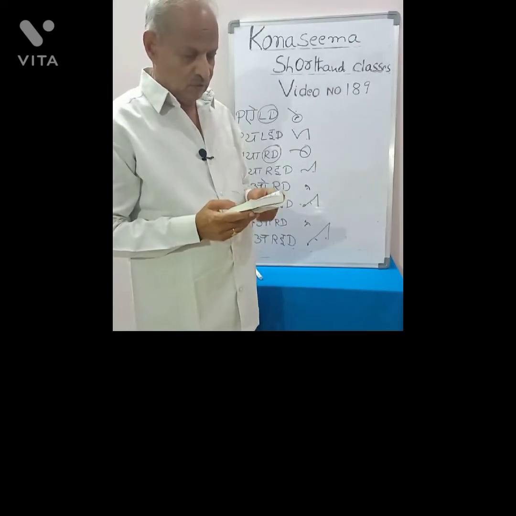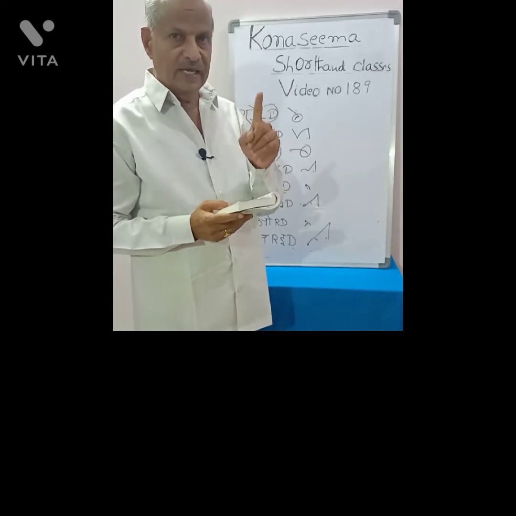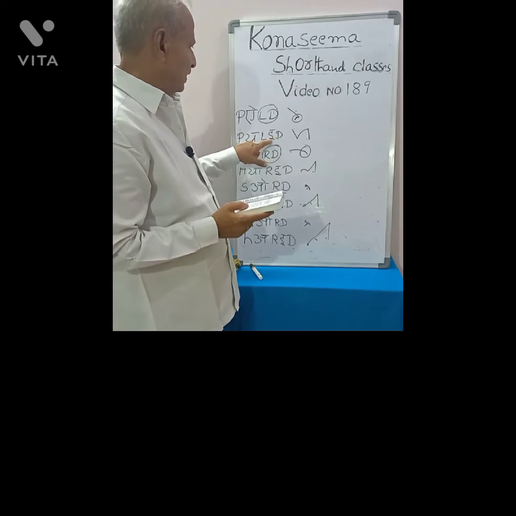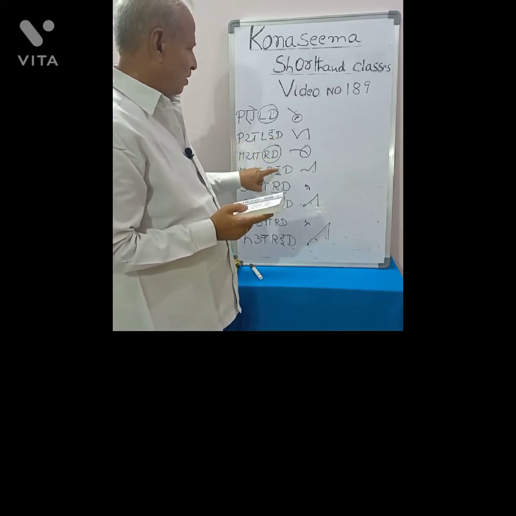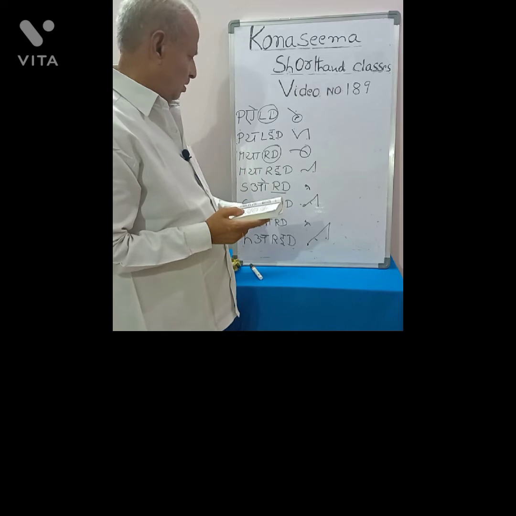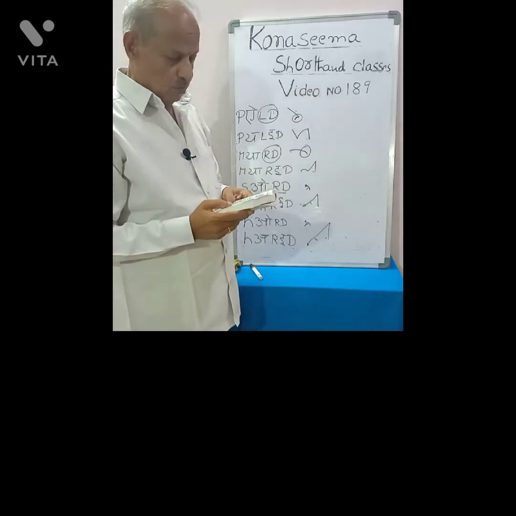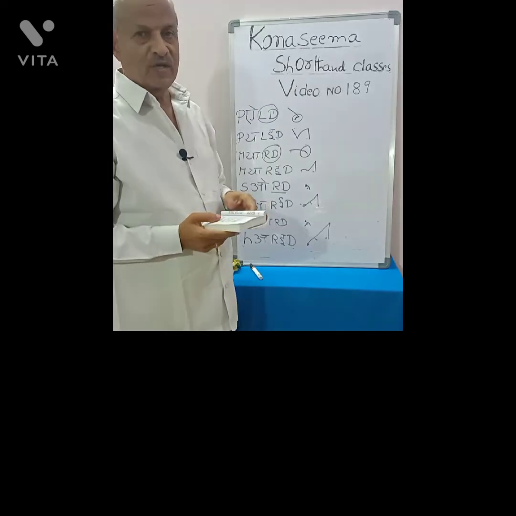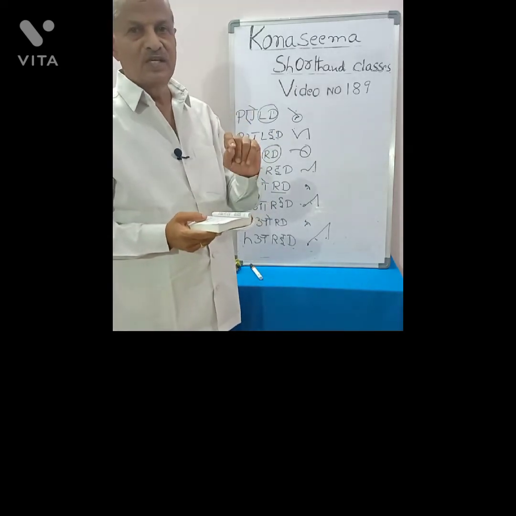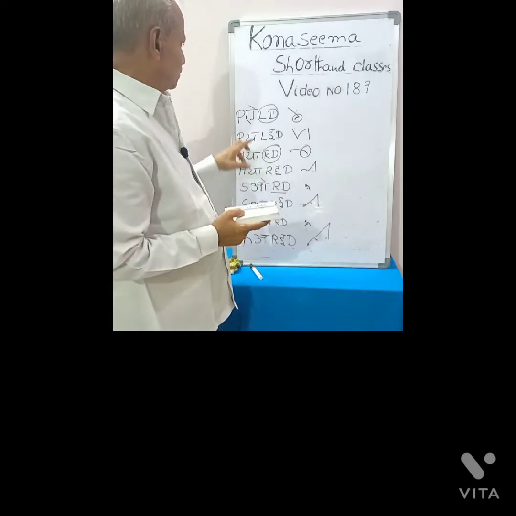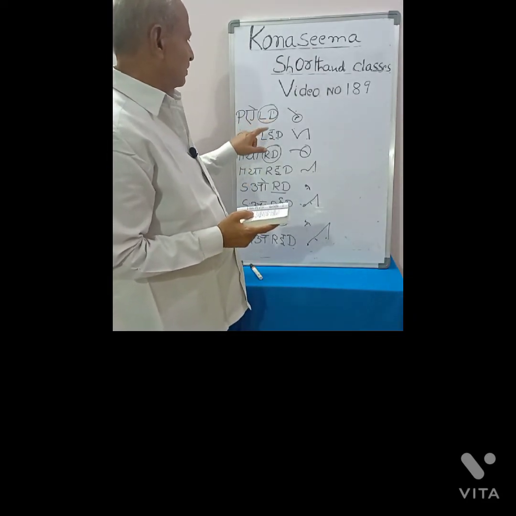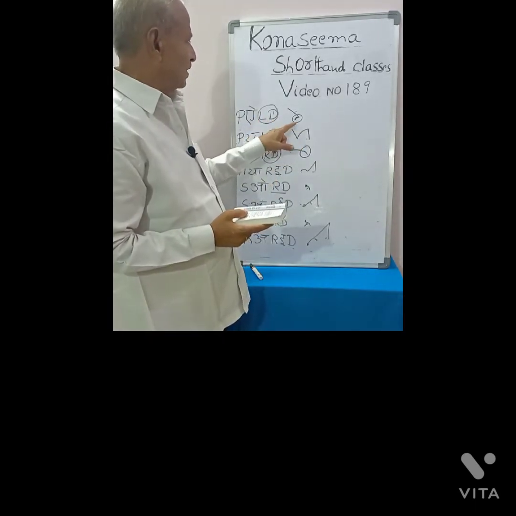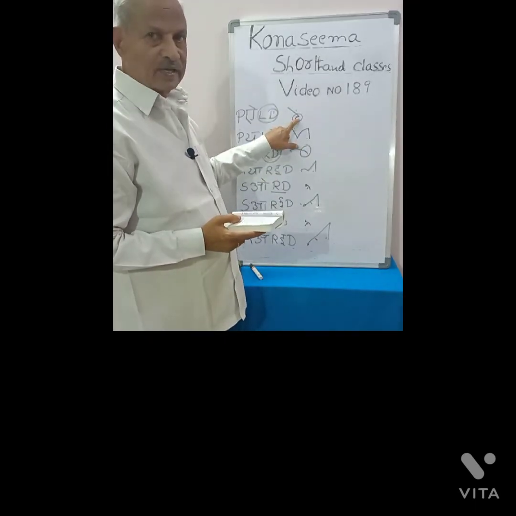Para C. When a vowel occurs between LD or RD, this is RD, this is RD, both consonants must be written in full. Why? Because so as to enable to place the vowel. You see here, paled is there. There is no vowel between L and D. Then we can write LD like this, paled.